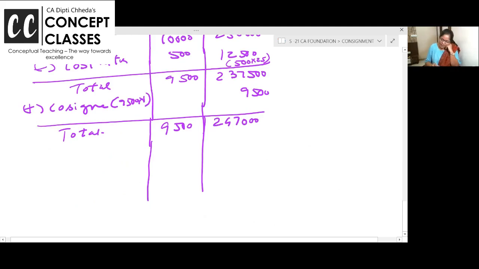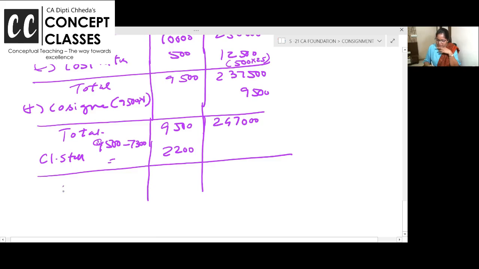Now see, what do we do now? Closing stock: 9,500. How many goods are sold? 7,300. So how much closing stock is left? 2,200 units. What is the cost of 2,200 units? 2,200 into 247, divided by... write the working also, write everything.